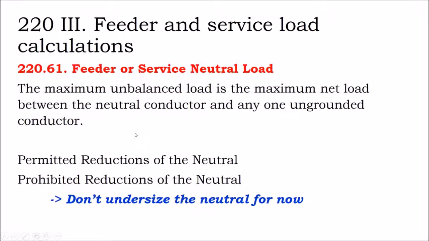The feeder or service neutral load, the maximum unbalanced load, is the maximum net load between any neutral conductor and any one ungrounded conductor. And so we know that the neutral conductor is a grounded conductor that is intentionally grounded at one point.